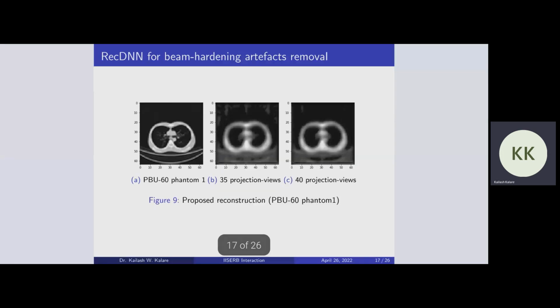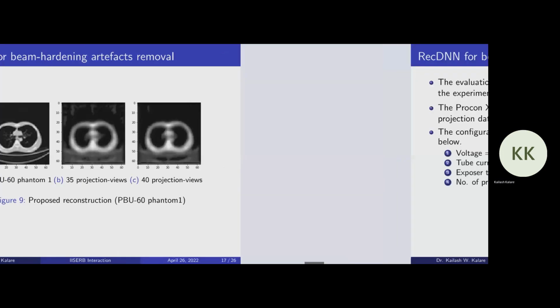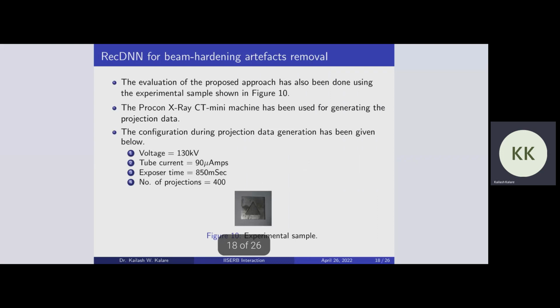So we have reconstructed the image from these PBU phantoms with the help of 35 projection views as well as 40 projection views. We have also tested or validated our approach on real-time data which has been given by IIT Kanpur.